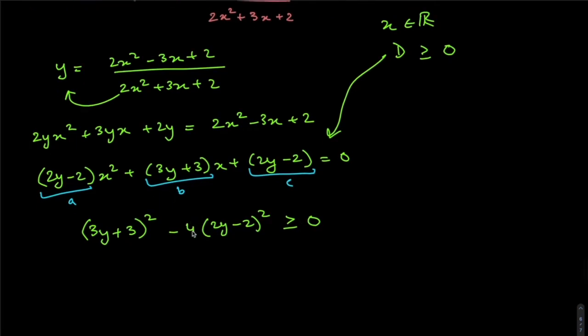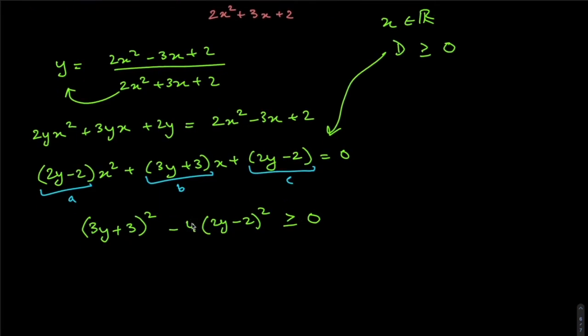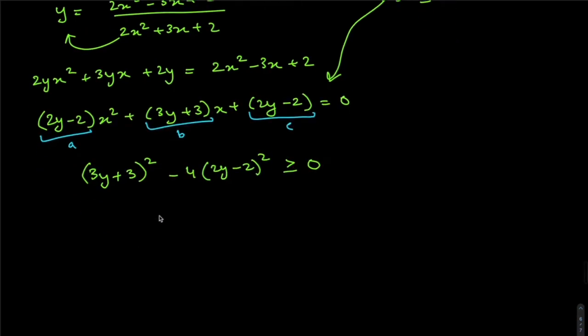Now I have this. So how can I simplify this? If you look at this very closely, it can be put in the form of a squared minus b squared. But before I do that, I'm going to get rid of this 4 and put it inside.